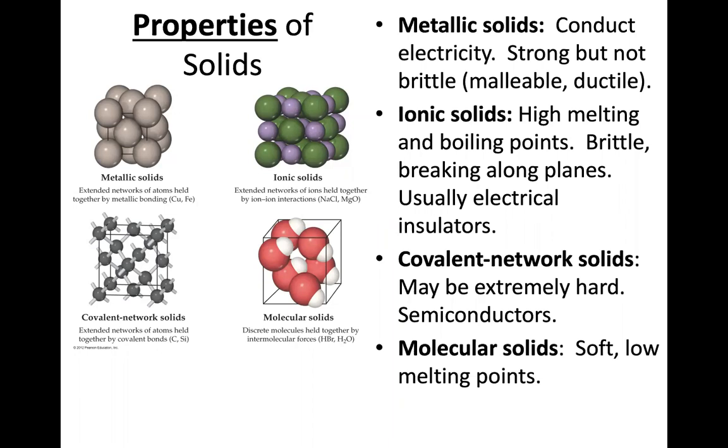One cool example, another cooking example: sugar is a molecular solid. If you take your molecular solid and heat it up so it begins to break down and become amorphous, that's what caramel is. So caramel is amorphous sugar. You could take any of those and turn them into something that's amorphous.